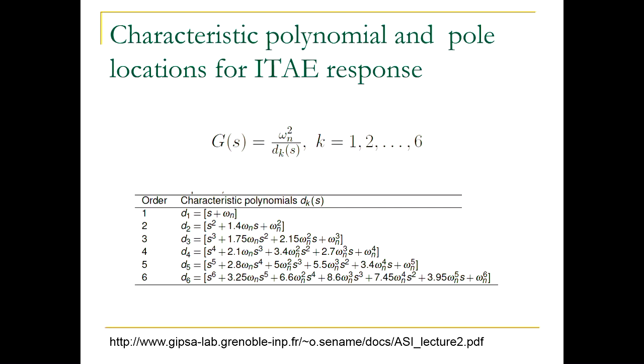For third order, it's this polynomial, etc. So again, you have polynomials that are given to you, and you just need to select natural frequencies. We talked about the importance of natural frequency for rise time, right? So you can say, all right, if I want a certain rise time, I want a certain order of the system, then I can select the polynomial just from this table and specify what omega n is.